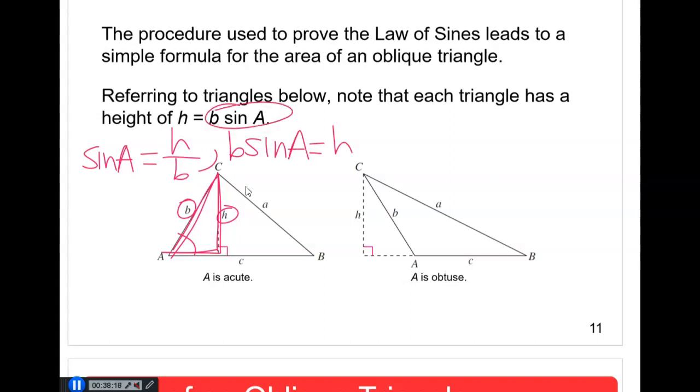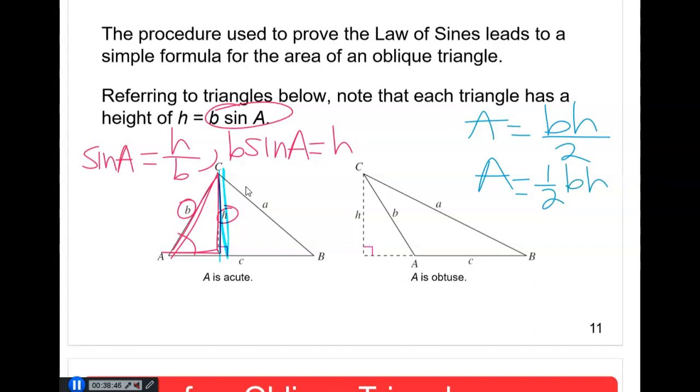So recall from the objectives, one of those was to find the area of an oblique triangle, which is not a right triangle. So when you were in elementary or middle school, you probably learned the formula, base times height divided by 2, or remember, dividing by 2 is the same as multiplying by 1/2. 1/2 times the base times the height.